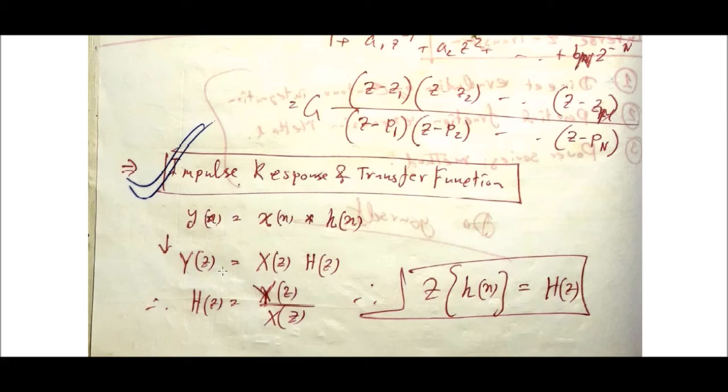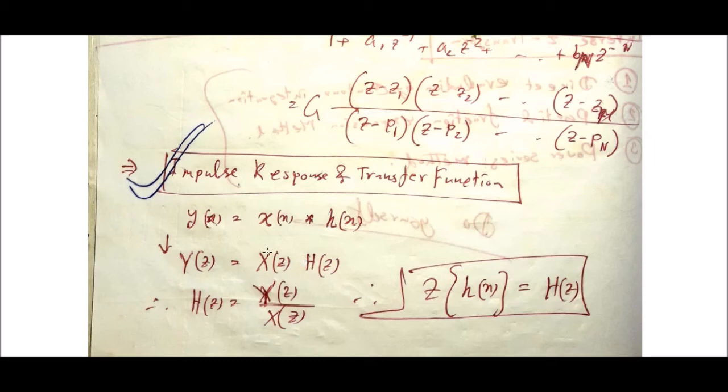If you do the Z transformation of both sides, y[n] will become Y(z), but the convolution of two signals in the time domain should be the multiplication of these individual signals in the Z domain. It was the convolution property which I told you to remember: convolution in the time domain is multiplication in the Z domain.